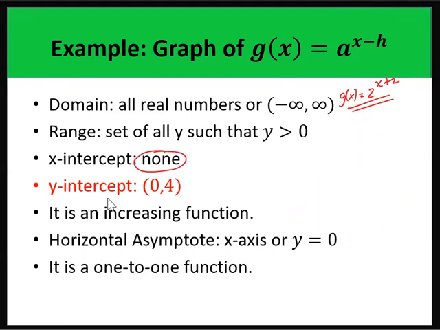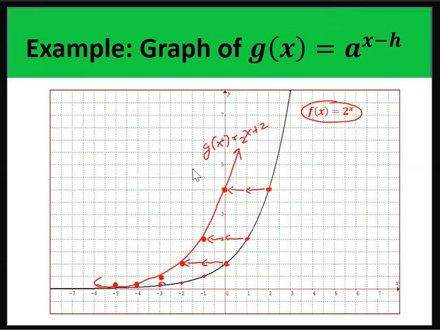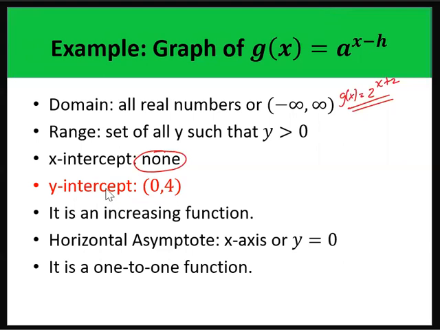However, the y-intercept will change. If we substitute x equals 0 into this equation, we get the value of y as 4. So that means the y-intercept is (0, 4). This red colored property indicates that the y-intercept of the basic function will change if there is a horizontal shift.